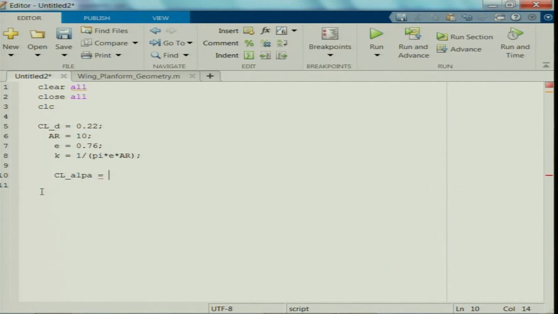CL alpha is equal to CL design upon AOA underscore design minus AOA underscore 0 CL, okay, 0 CL. And let me define these variables used. So, this is the lift curve slope, it is 3D.